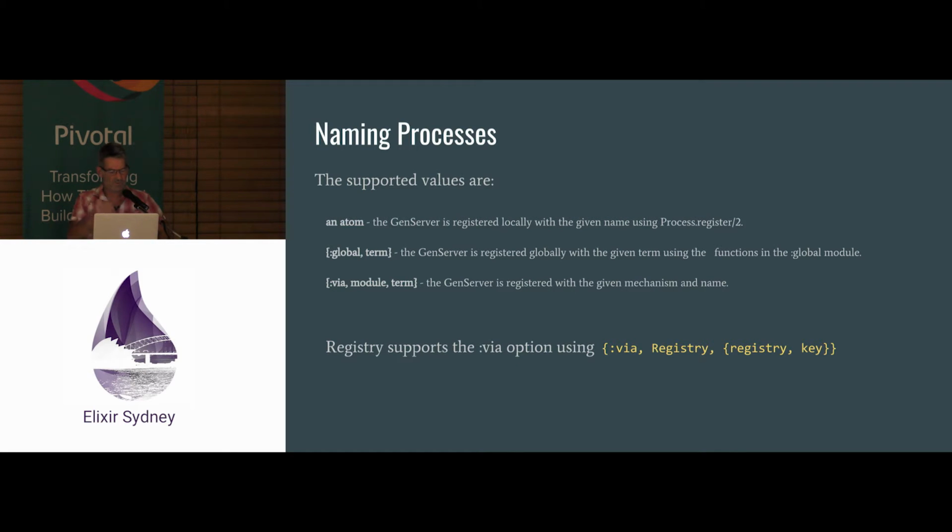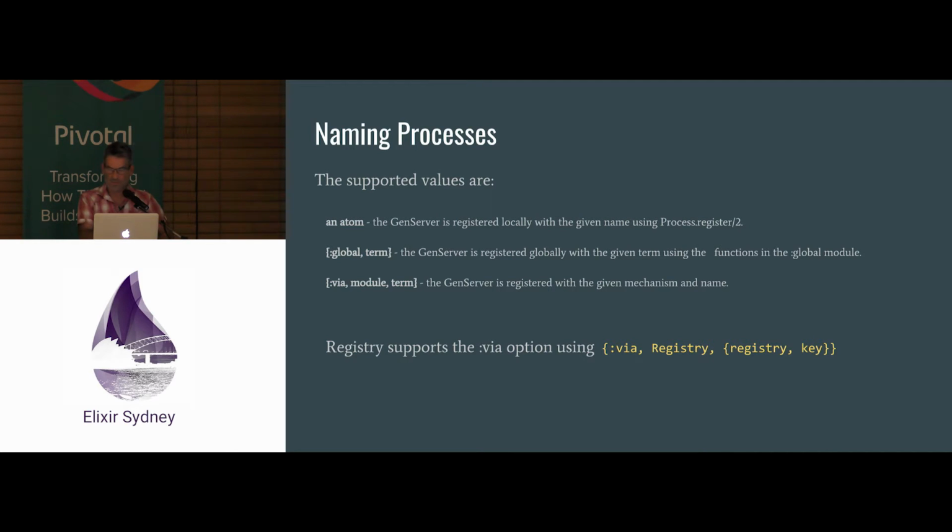But what I'm going to talk about is this via tuple. So basically you can name a process using a mechanism that supports this form. Registry supports using via through this tuple. So you pass in via, registry, and the name.